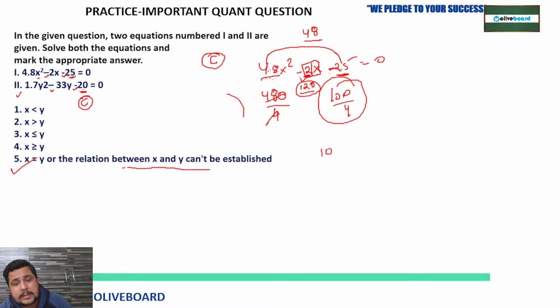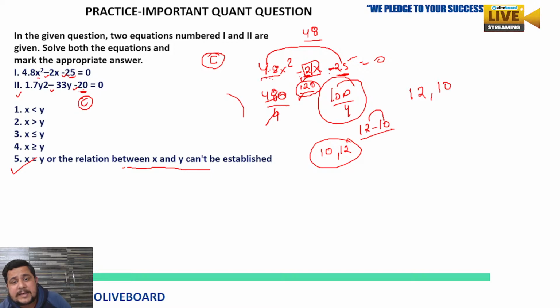So 10 and 12 can be taken. 12 minus 10 gives 2, and 12 multiply 10 gives 120. When both signs are minus, the first root will always be positive and the second negative. So 12 upon 4.8, and minus 10 upon 4.8. No need to solve it further. Why? I will tell you. These are the roots of x.